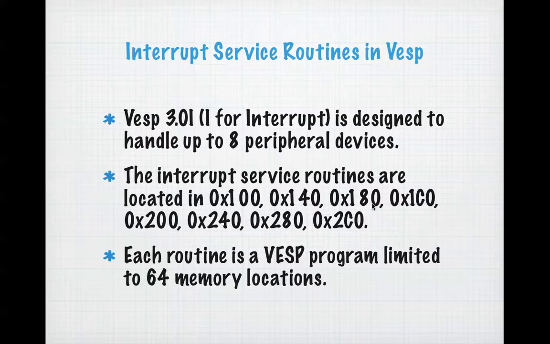If it were device number 3, not 0, not 1, not 2, but 3, that would be 3 times 40 in hexadecimal, or 64 in decimal, plus that initial place. So there's a displacement process which very precisely provides us the location of the first instruction in the service routine that is specifically designed for that device.